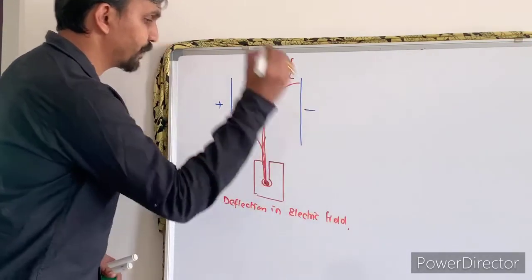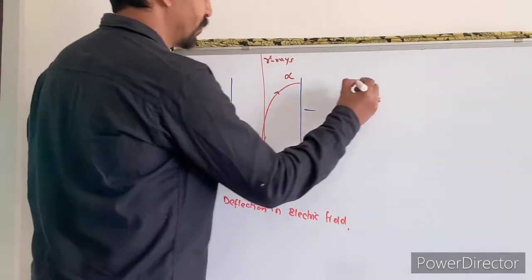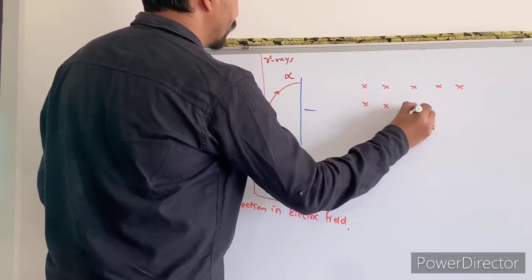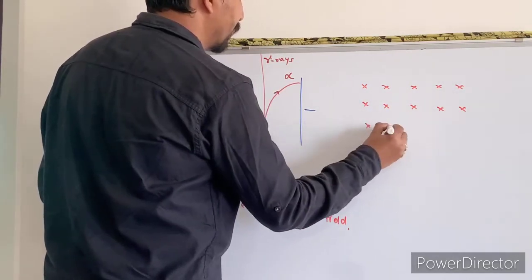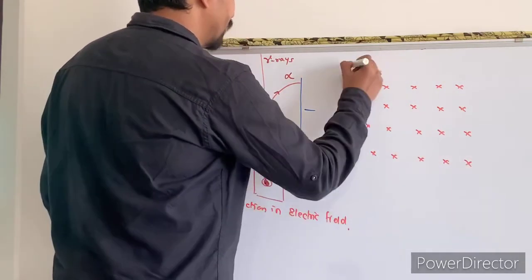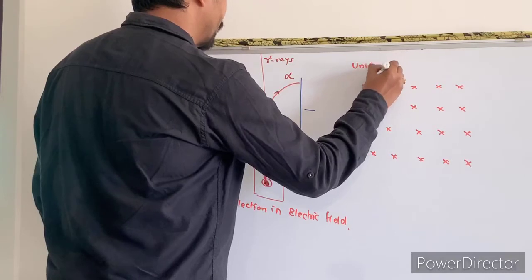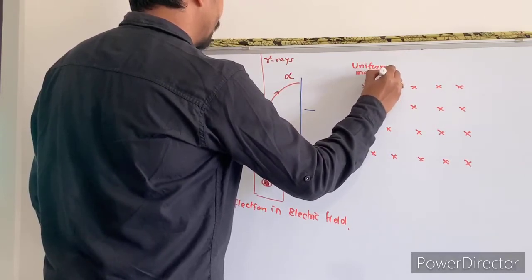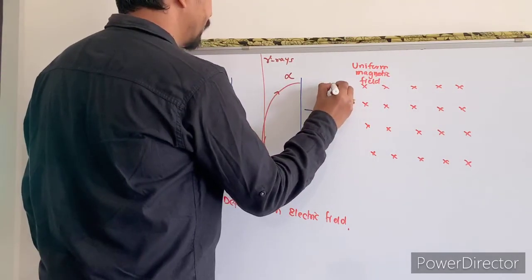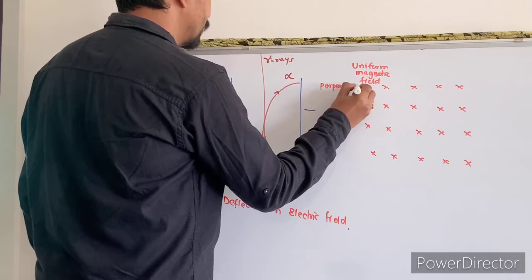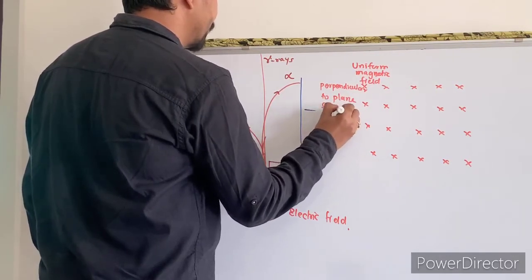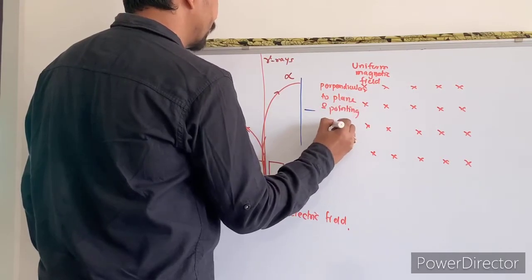Now what about magnetic field? So here I will draw the magnetic field, which is perpendicular to the plane. This is called a uniform magnetic field, perpendicular to the plane and pointing inward.